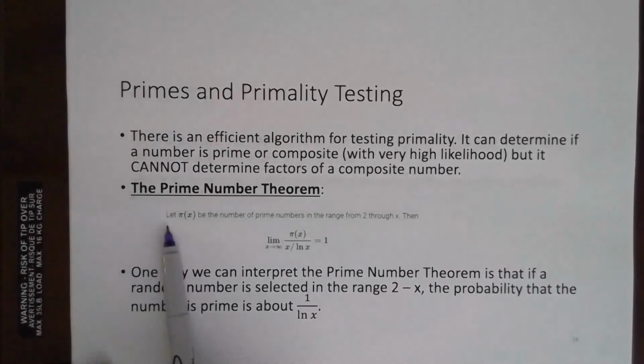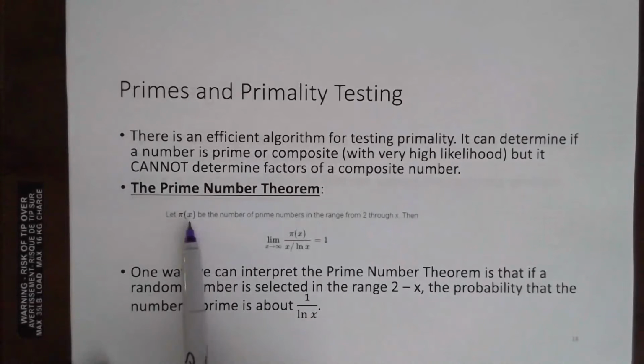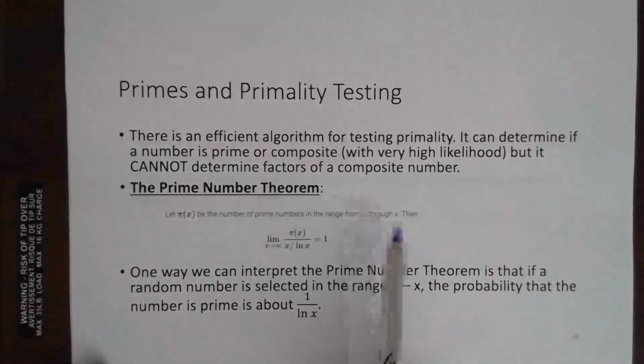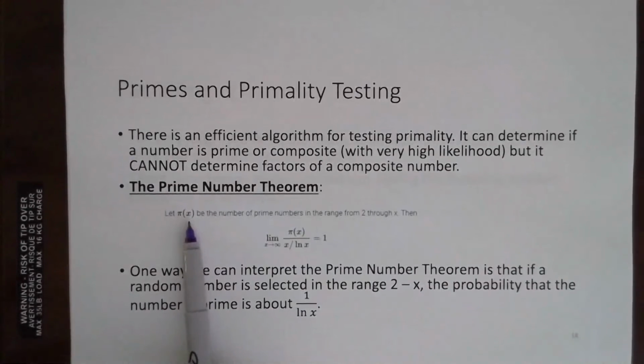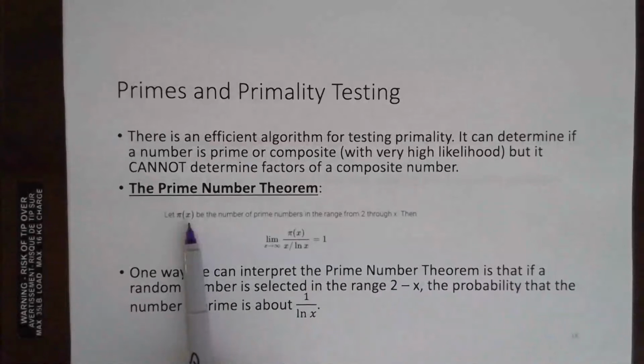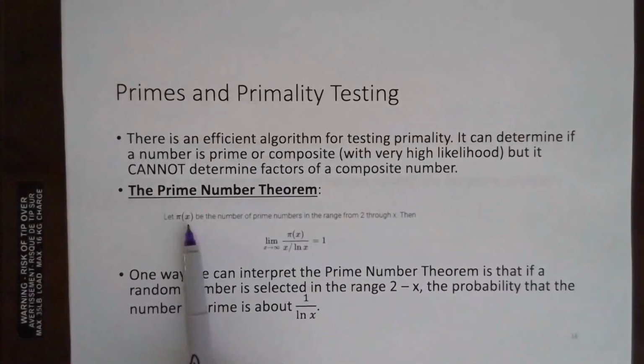So the prime number theorem says, all right, this pi of x is the notation for the number of prime numbers from 2 up through the number x. So like, pi of 5. How many prime numbers are there in the range from 2 to 5? Well, there's 2, 3, and 5. There's 3 of them.